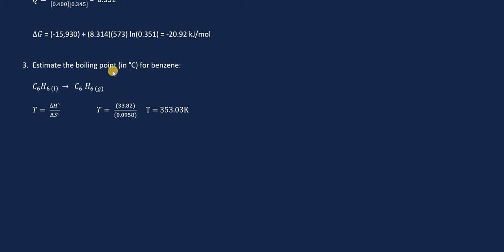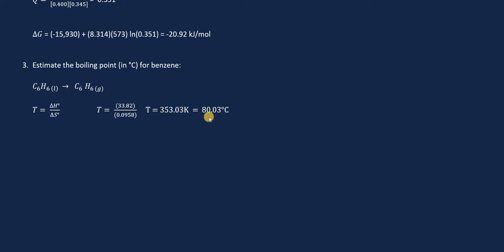However, the question asks us for the temperature in degrees Celsius, so that's definitely letting you know, always make sure you understand what units the question wants your answer in. Because while this is technically correct, we want it to be in degrees Celsius. So remember, if you want to go from Kelvin to Celsius, you subtract 273 from your number.